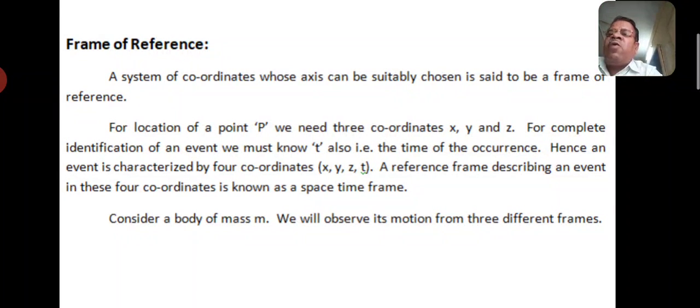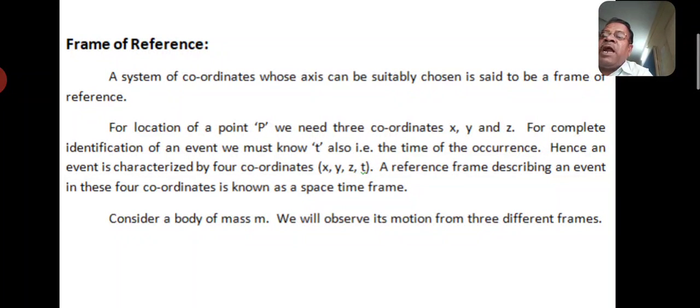A system of coordinates whose axis can be suitably chosen is said to be a frame of reference. For the location of a point P, we need three coordinates in space, that is x, y, and z.